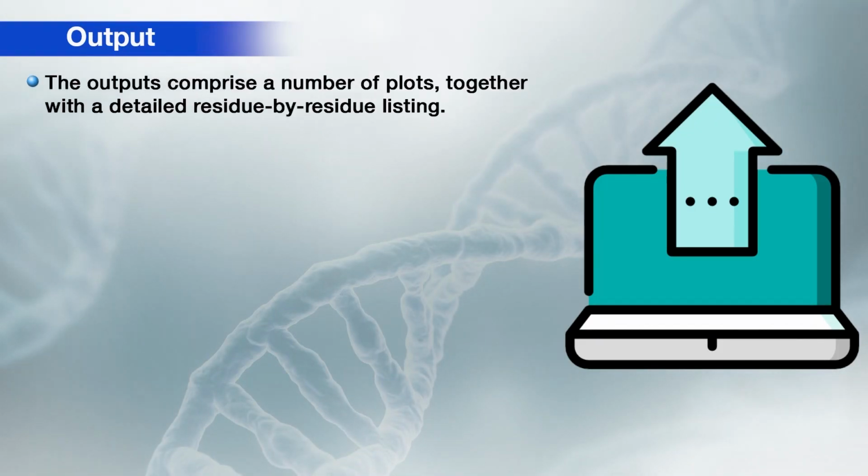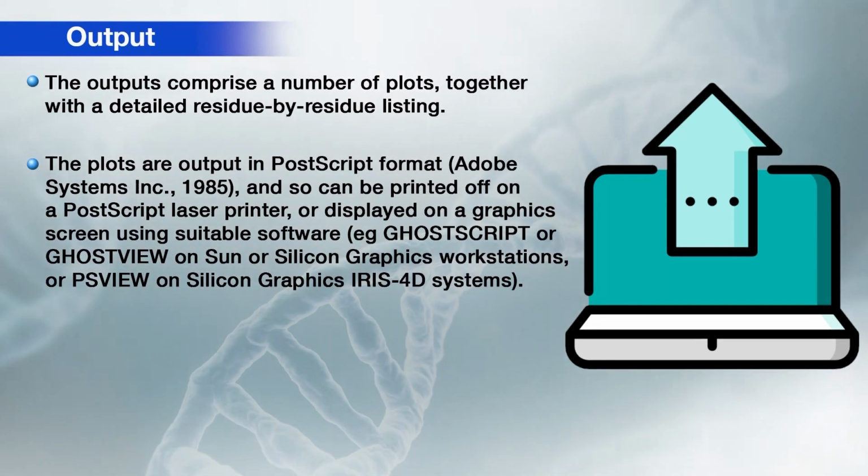The output comprises a number of plots, and these beautiful plots can be taken into presentations or report writing or project writing, and they come with a detailed residue by residue listing. The plots are output in PostScript format, which can be opened in Adobe systems, and so can be printed off a PostScript laser printer or displayed on a graphical screen using suitable software like GhostScript or GhostView, or Sun or Silicon Graphics workstations, or PSView or the Silicon Graphics Iris 4D system.